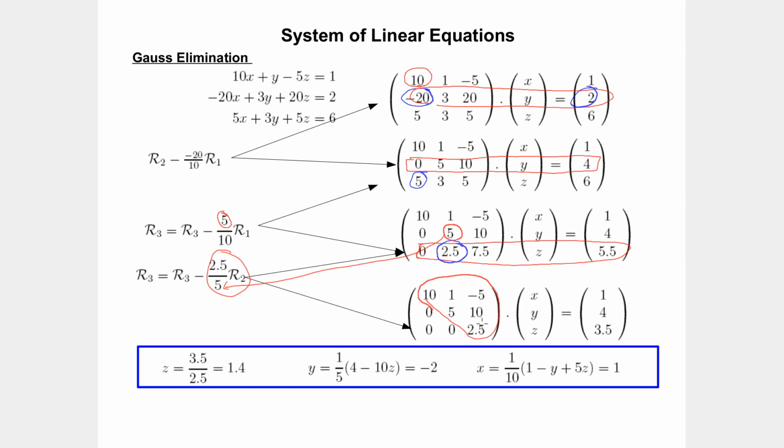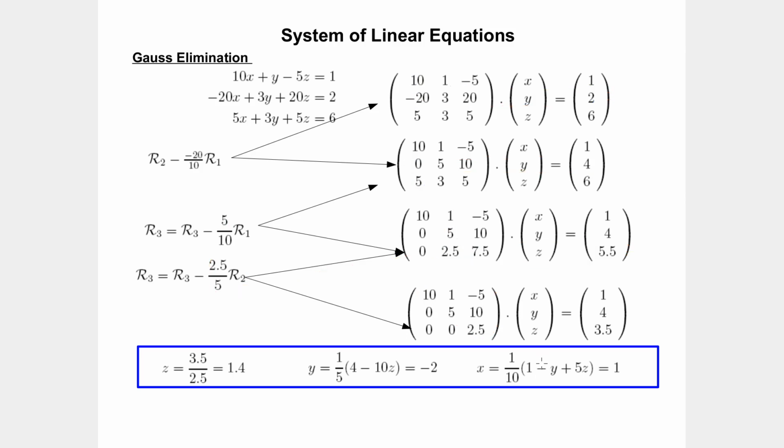After attaining the upper triangular matrix, the solution is simple, because then z equals 3.5 by 2.5. This is what we call back substitution, and that's what I have written here. If you write this operation in the form of an algorithm, this is what we see.